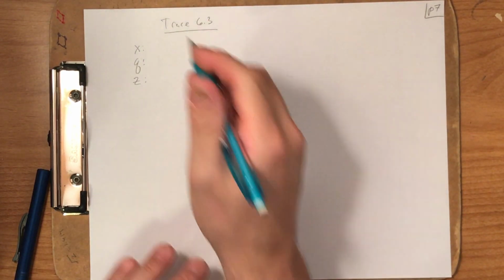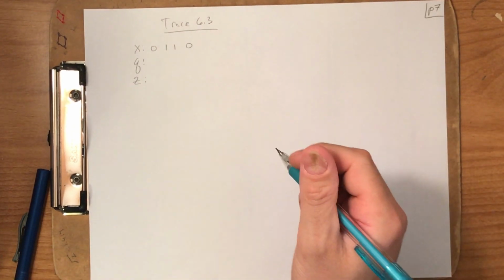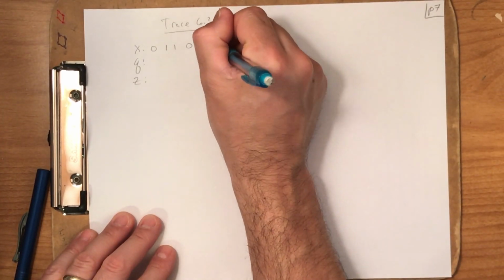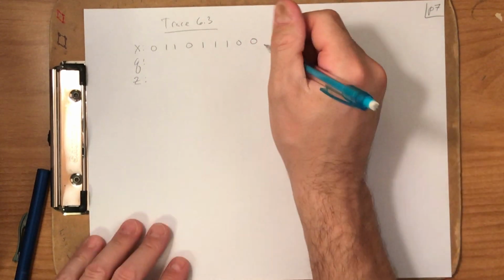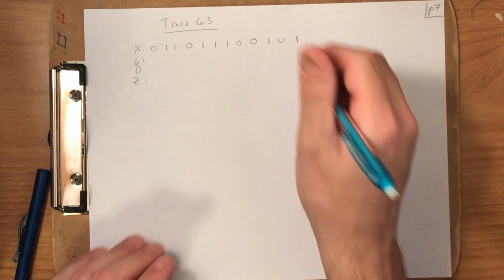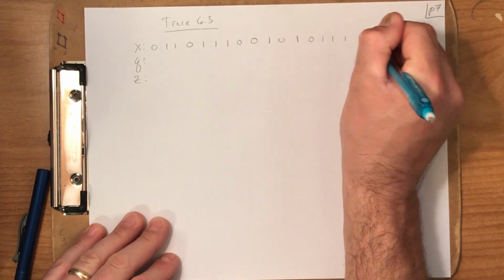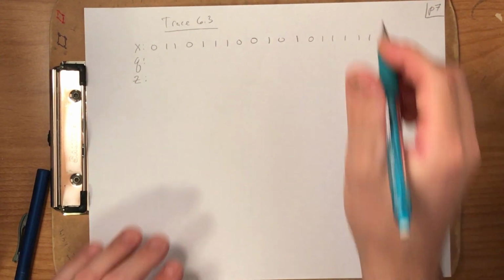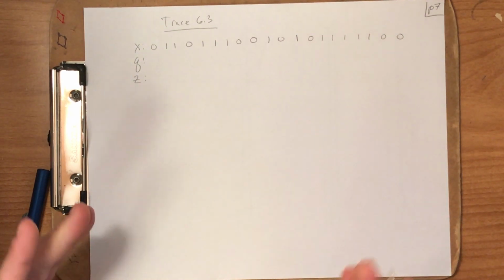So X: 0, 1, 1, 0, 1, 1, 1, 0, 0, 1, 0, 1, 0, and then five 1s, and then 0, 0. So there's your problem setup.